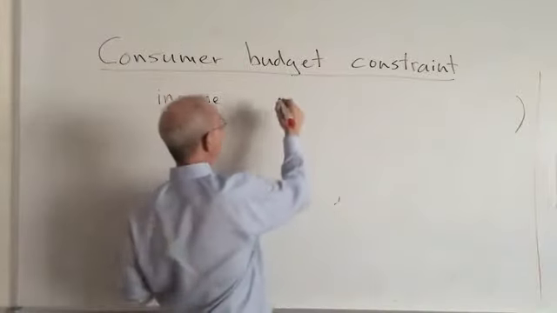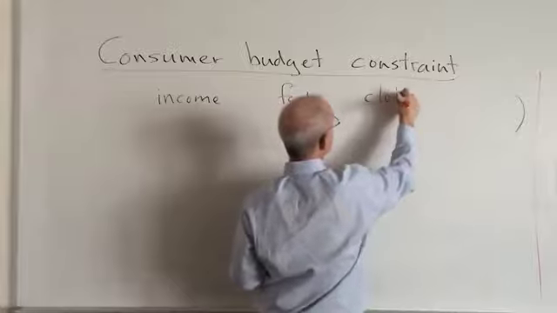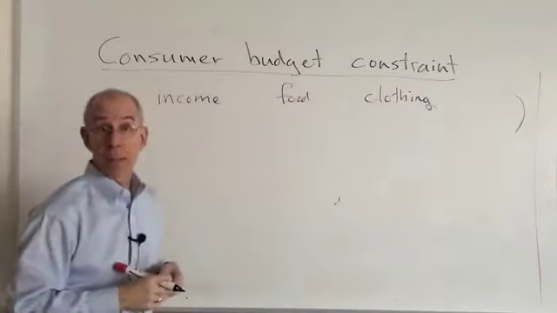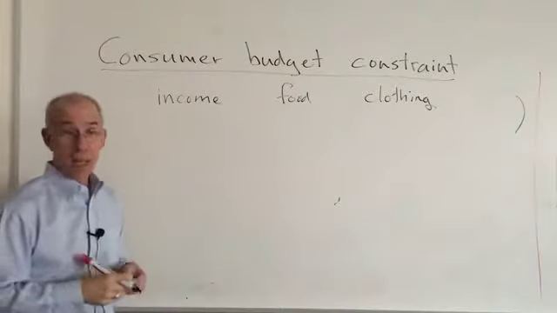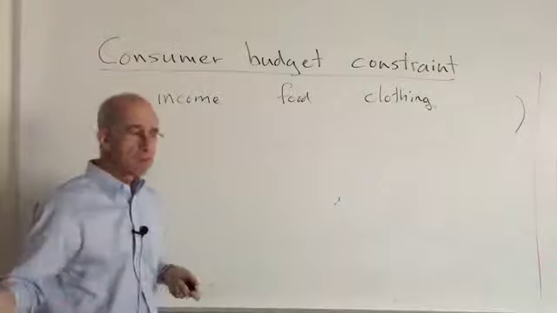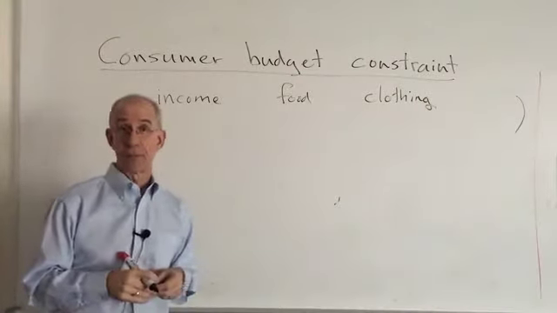And let's say they have to choose between food and clothing. I mean, ultimately, you get down to the basics of life. You got an income, you got to have food, you got to have clothing. Let's set shelter aside, but these are kind of basics of life.